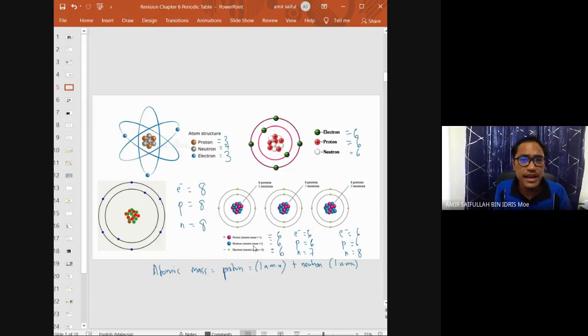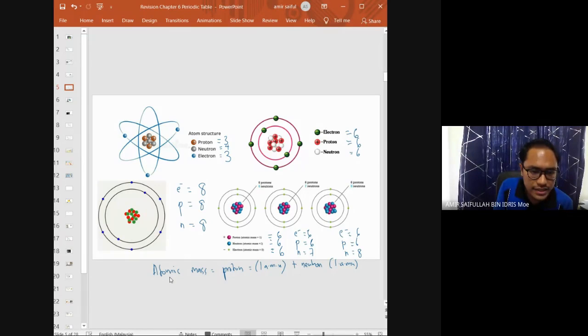Electron has mass, but the value is so small, way smaller than 1 AMU, that we can ignore it. So we can say that electron has no mass. So in every atom, we just add the proton's mass with the neutron's mass, and we get the atomic mass.